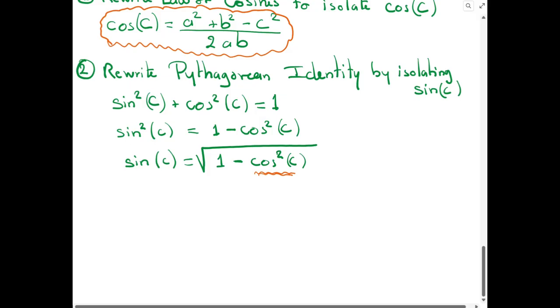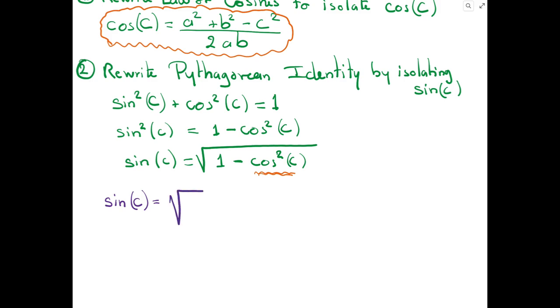Let's change color a little bit so they don't all run together. Let's go purple maybe for a little while. So we're going to say sine of angle C equals the square root of 1 minus, and instead of having my cosine squared here, I'm going to have a squared plus b squared minus c squared all over 2ab, right?